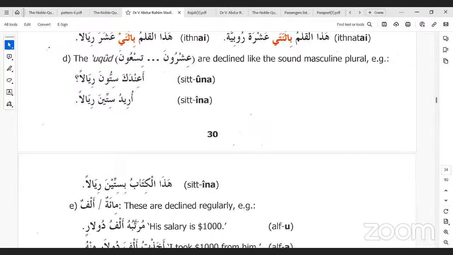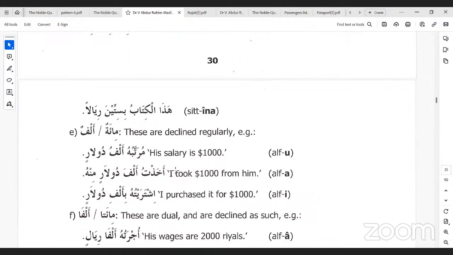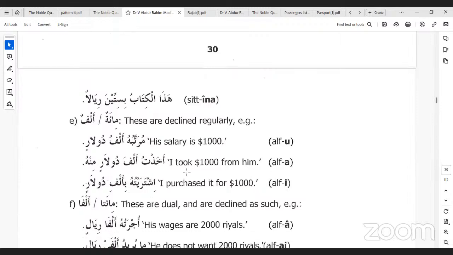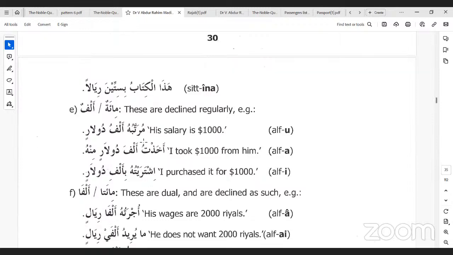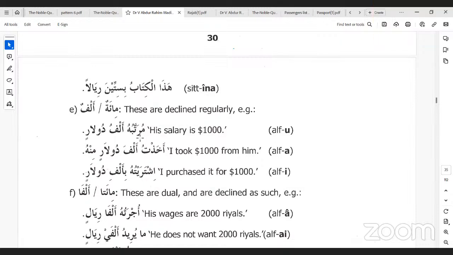Mi'atan, alfun. These are declined regularly. Example, murattabuhu alfu dollarin.